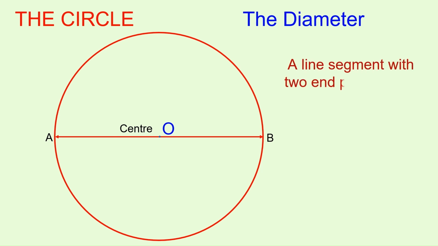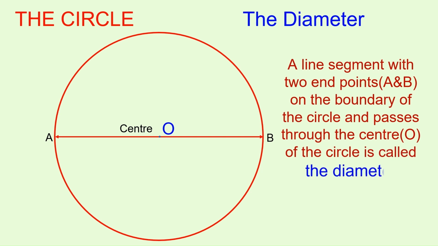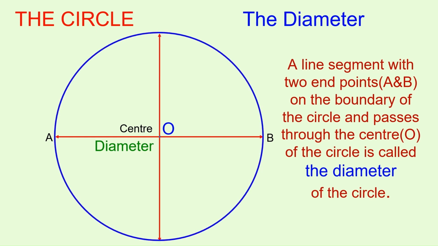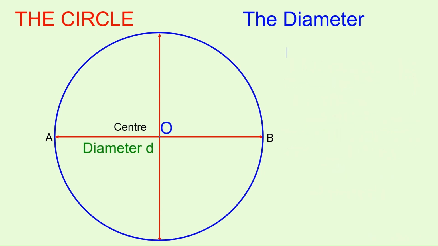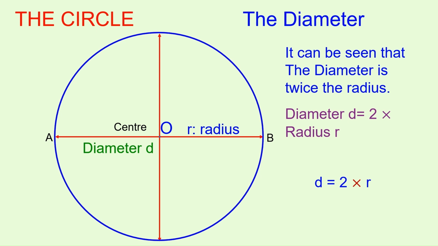The diameter: a line segment with endpoints A and B on the boundary of the circle that passes through the center of the circle is called the diameter of the circle. It can be seen that the diameter is twice the radius, or in other words, diameter d equals 2 times radius r.